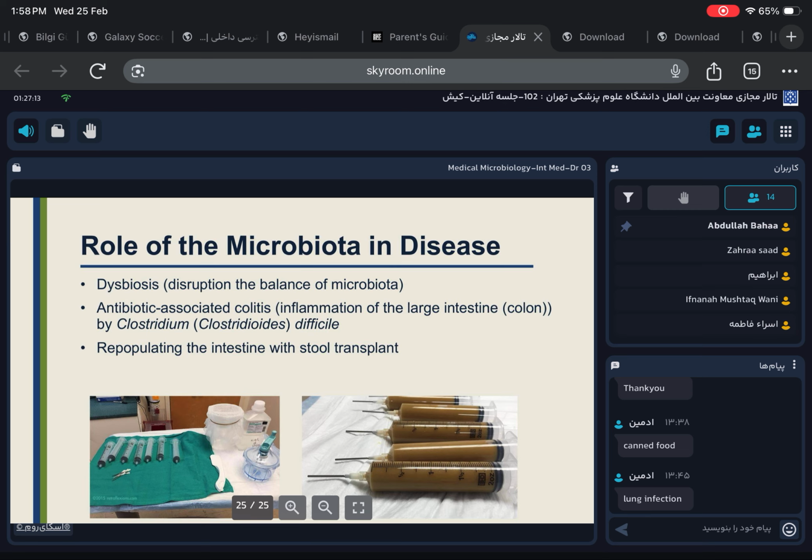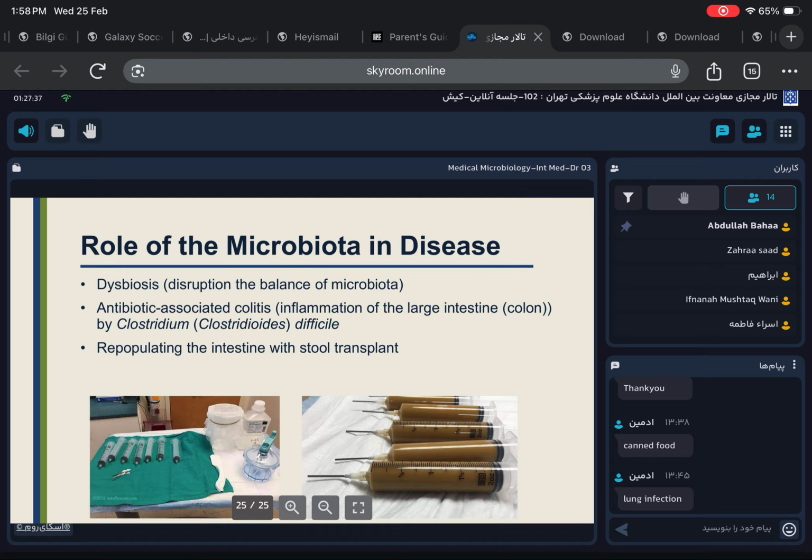Antibiotics are prescribed for patients to cure their infection. But one of the side effects of antibiotics is that they also have negative effects on the bacteria that we have in our normal flora, and it is one of the most important side effects of antibiotics.